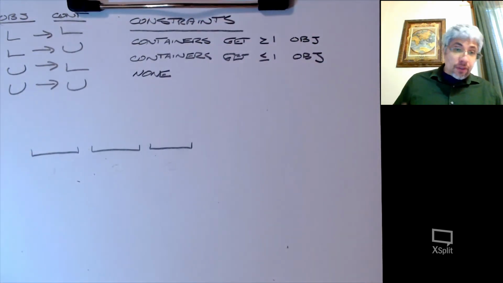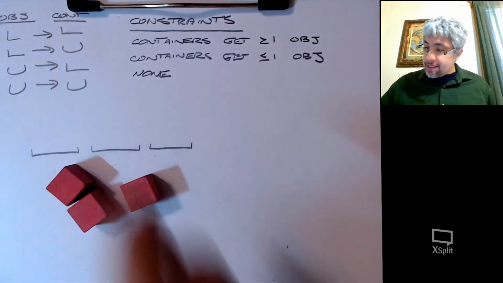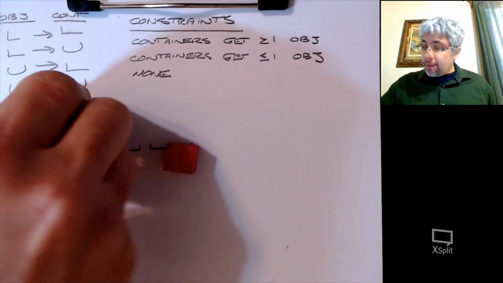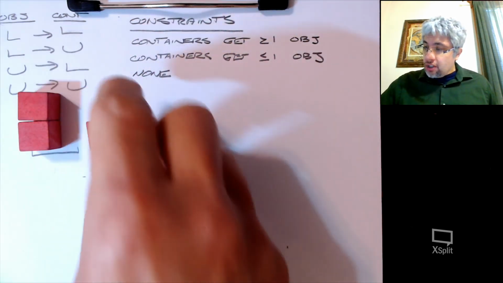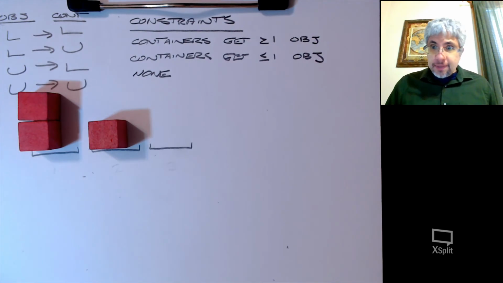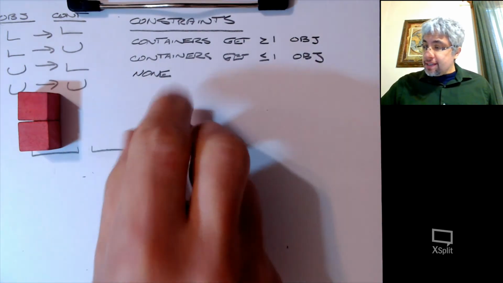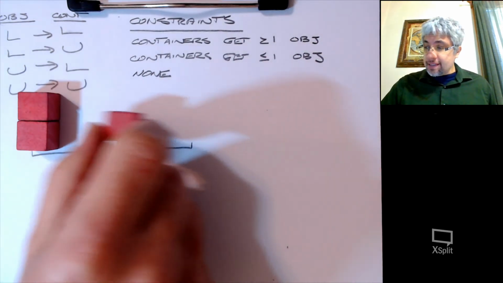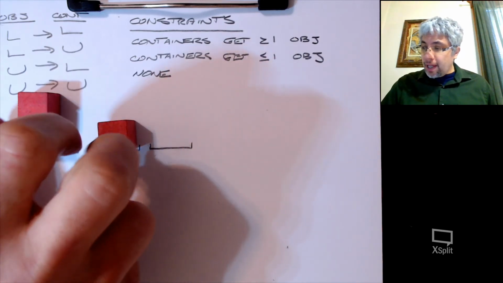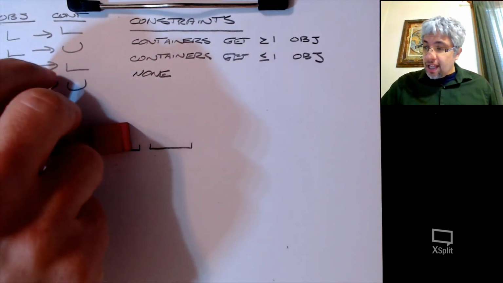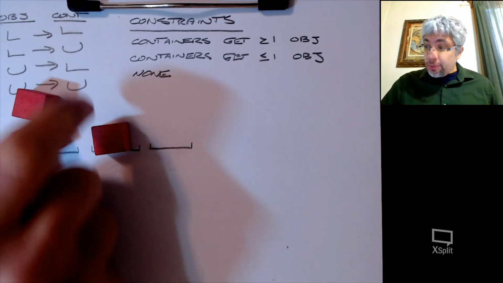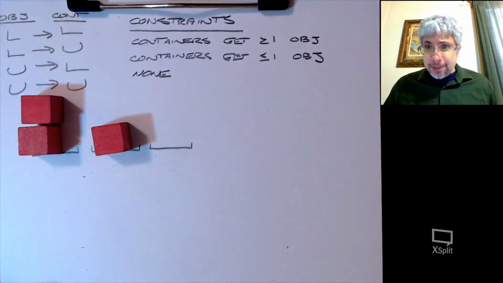And then finally, the fourth one would be something like this, where I have unlabeled objects and unlabeled containers. Now, if I do this, it's the same as this. And also, if I switch blocks, let's switch these, that's also the same. So a lot of things are going to be the same in the unlabeled case.